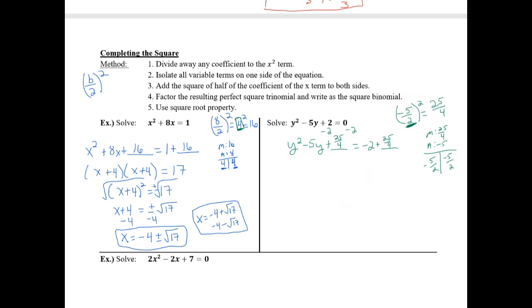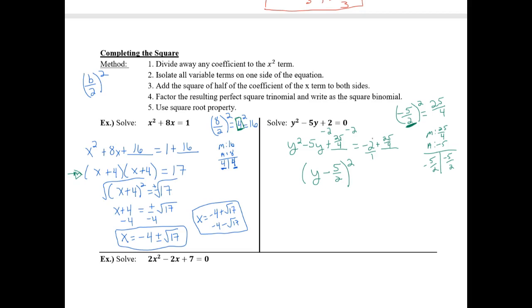So I write it in my factored form. I'm going to skip the middle step here and just go right into y minus 5 halves, that quantity squared. Right? Because it would be y minus 5 halves times y minus 5 halves, which is that quantity squared. On the right hand side, I have to deal with this fraction here and add it to negative 2. So I'm going to put my negative 2 over 1, and then I need to have a common denominator to add.